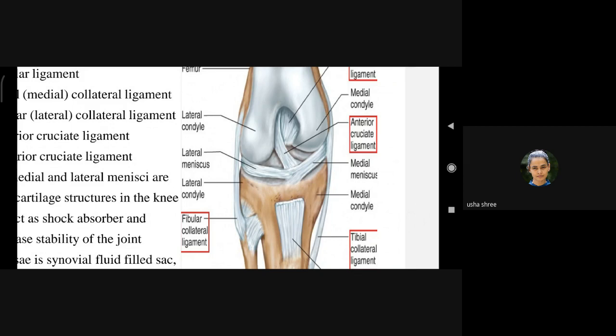Lateral side is outward. Right? Medial side is inward, right, ma'am? Yes. Is this front or is it back? What are we seeing? Is it the front of the knee or the back? It is the front of the knee, but here the patella is not shown.